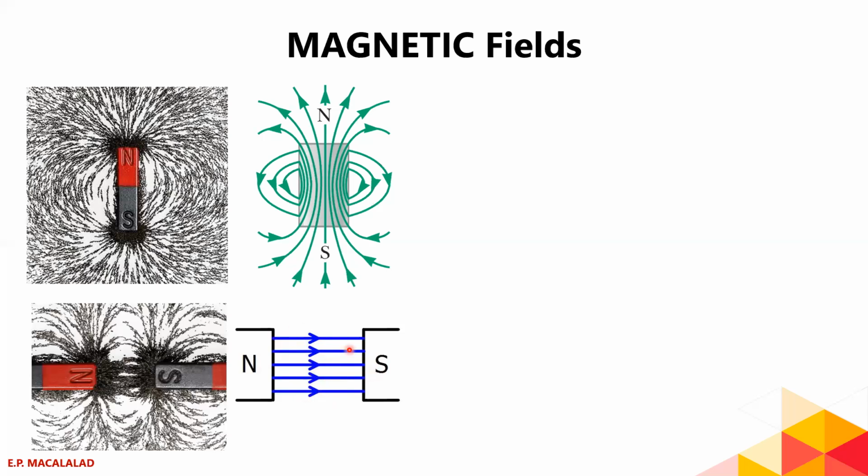Now, this is just one way to make a magnetic field. There's another way to produce a magnetic field, and you already know this from studying Faraday's law: if you allow current to pass through a wire, that current, which represents moving charges within that conductor, creates its own magnetic field.